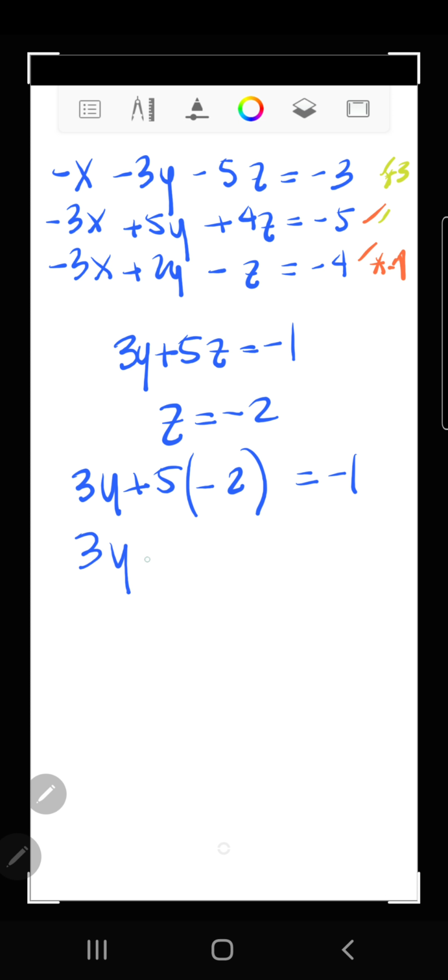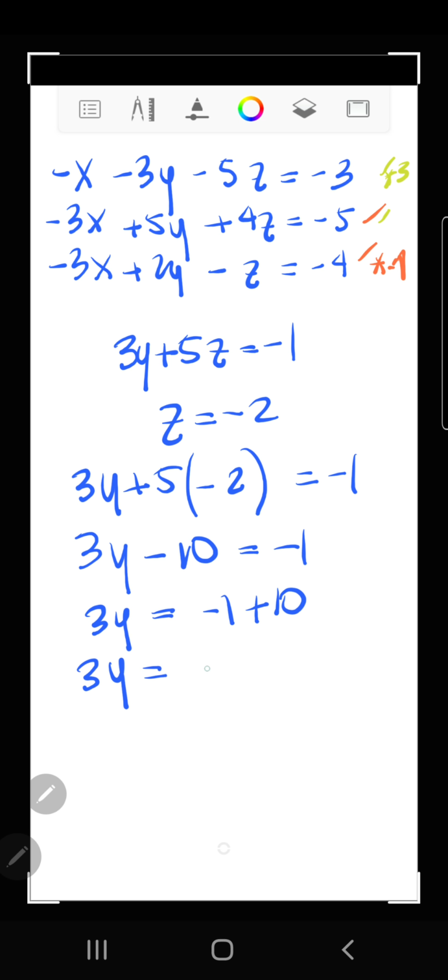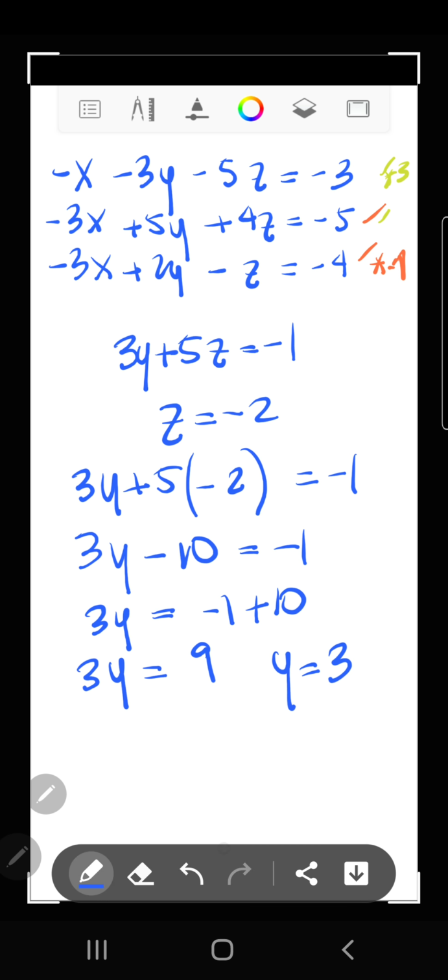So 3y minus 10 equals negative 1. 3y equals negative 1 plus 10. 3y will be 9. So y is 3. I will have the second value, which is 3.